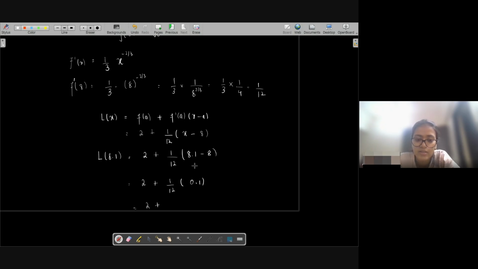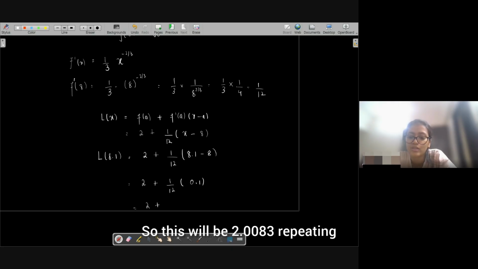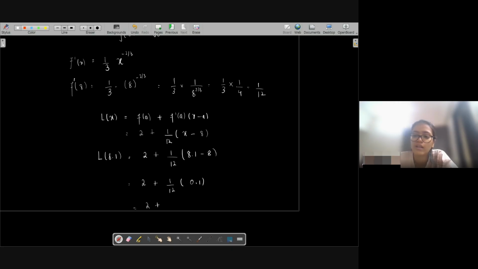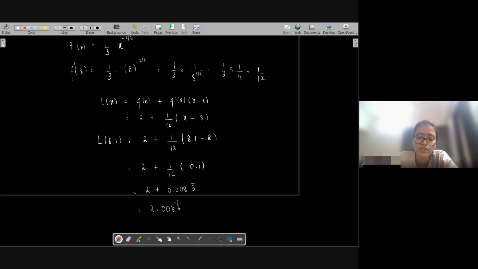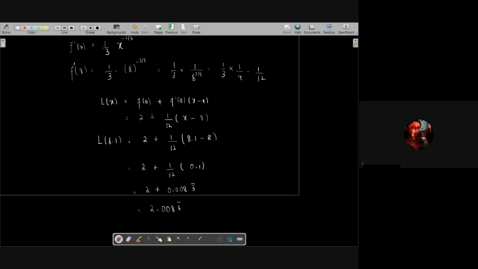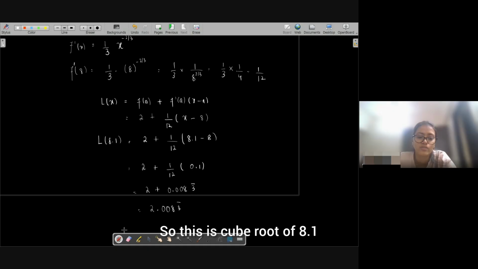So 2 plus 1/12 times 0.1. This is 0.1 divided by 12. It is 0.0083 repeating. So this will be 2.0083 repeating. So this is the cube root of 8.1.